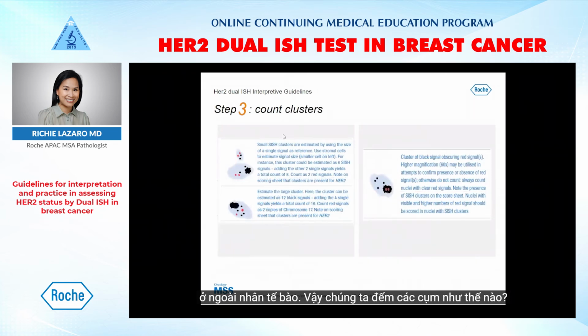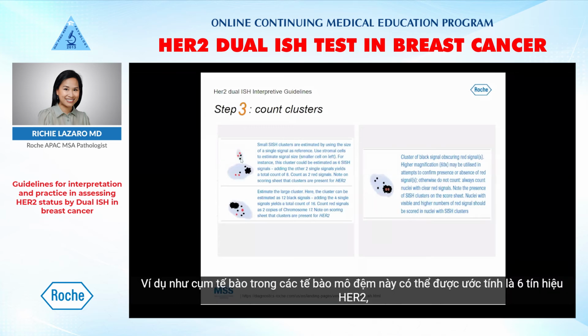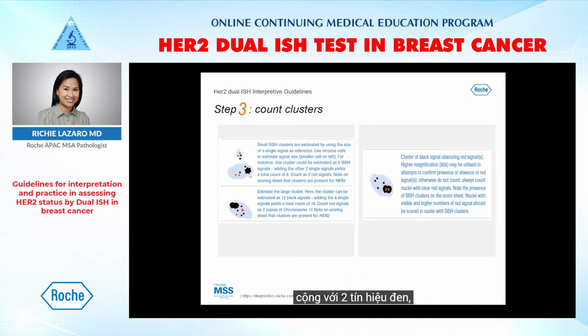How do we count clusters? Small clusters are estimated by using the size of a single signal as a reference, such as those in stromal cells. This cluster could be estimated as 6 HER2 signals plus 2 black signals, for a total HER2 count of 8, and 2 red signals in this one cell.